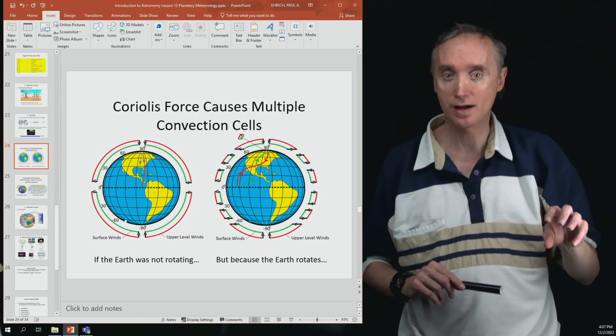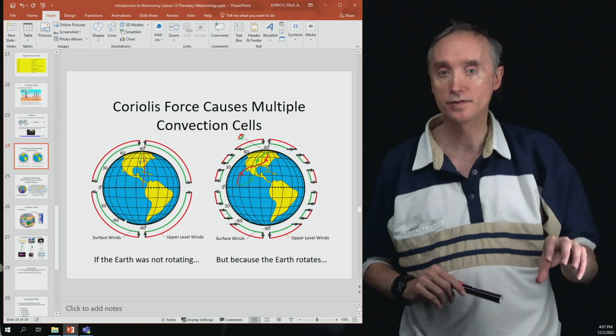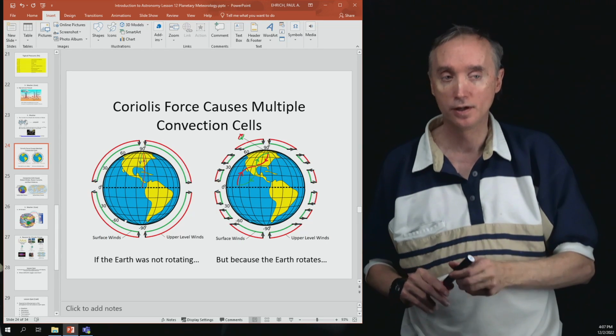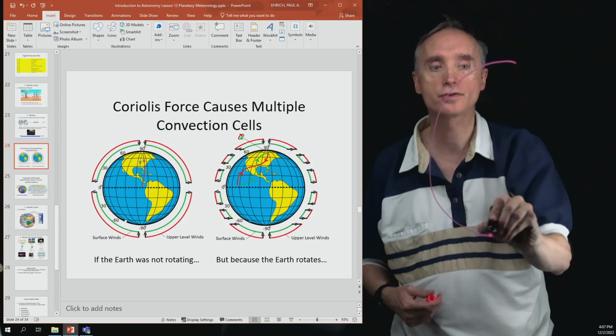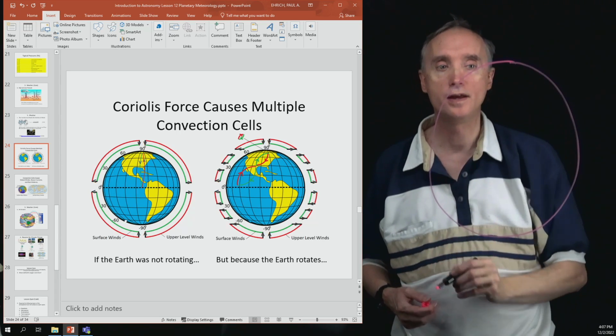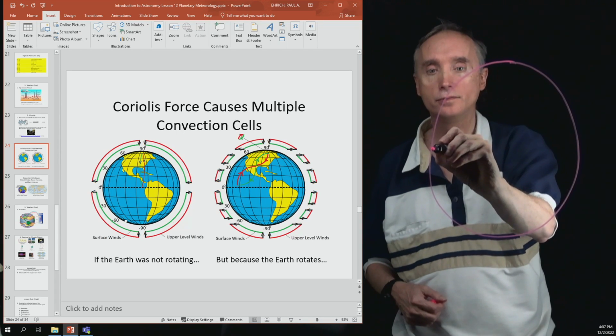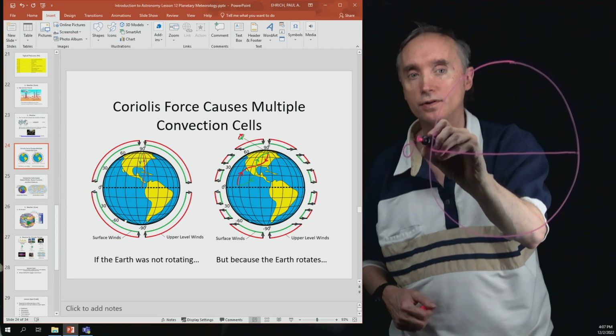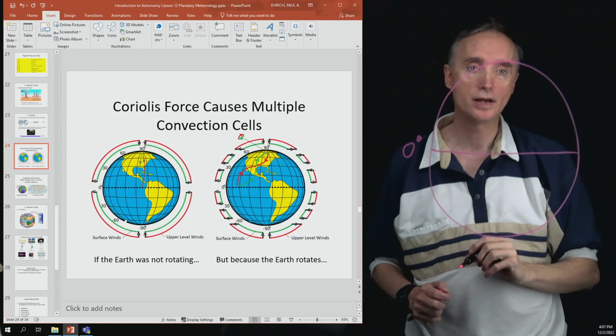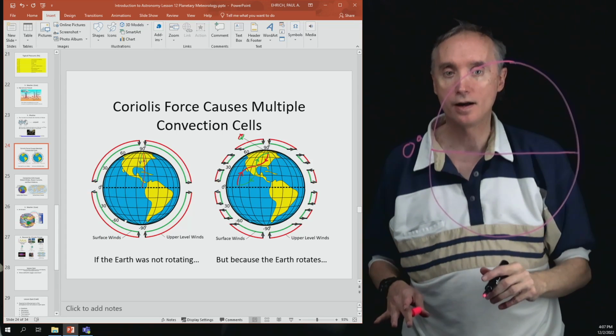Okay, so we want to look at this from two different perspectives. One is going to be the side view, and one is going to be the top-down view. So if we were to make a big picture of the Earth, then the equator, which is going to have 0 degrees latitude, is going to be the hot part.